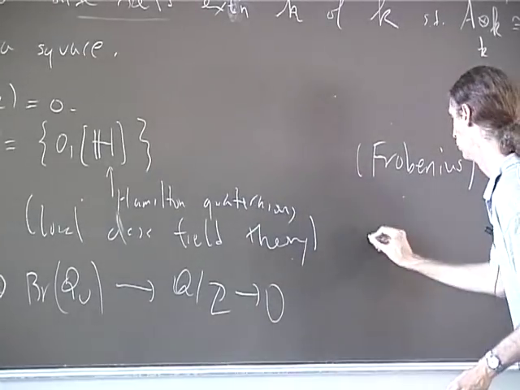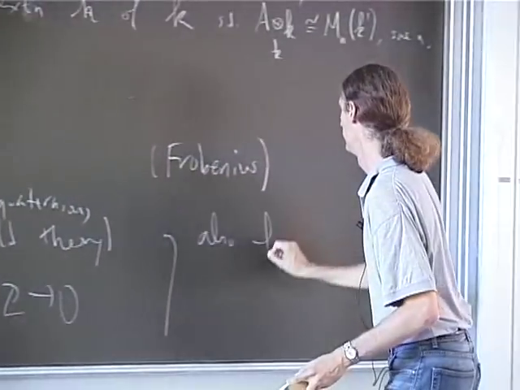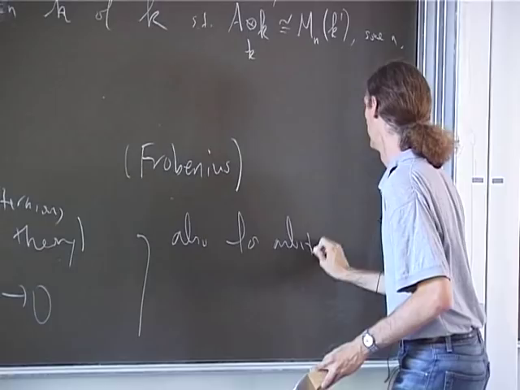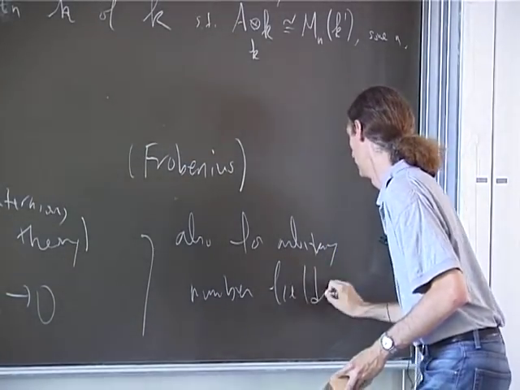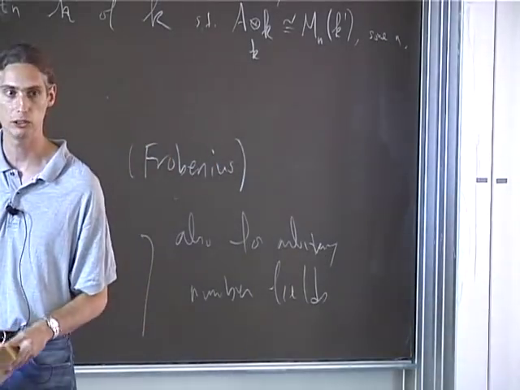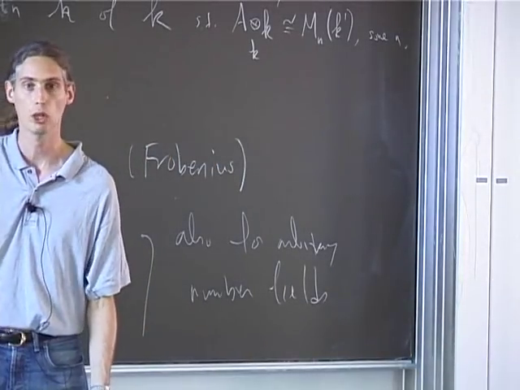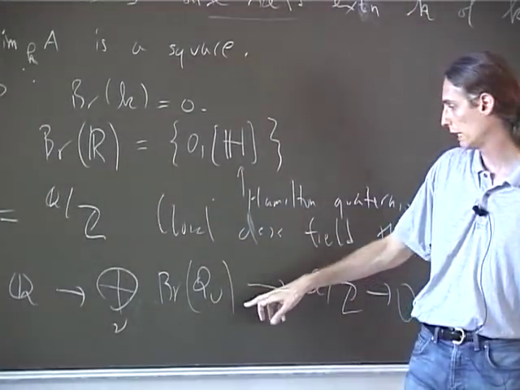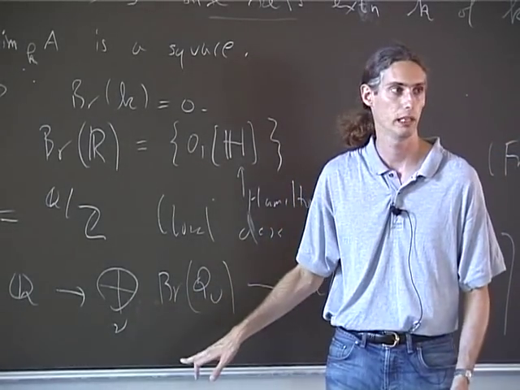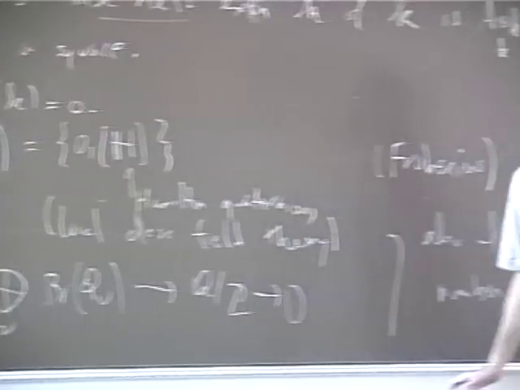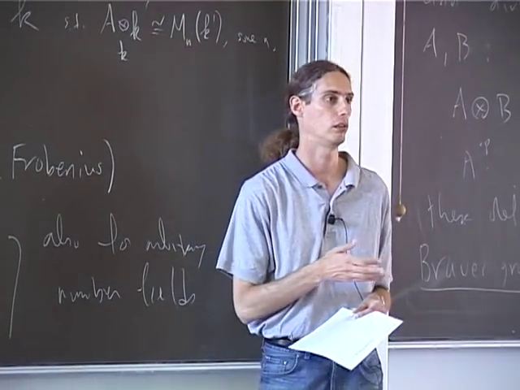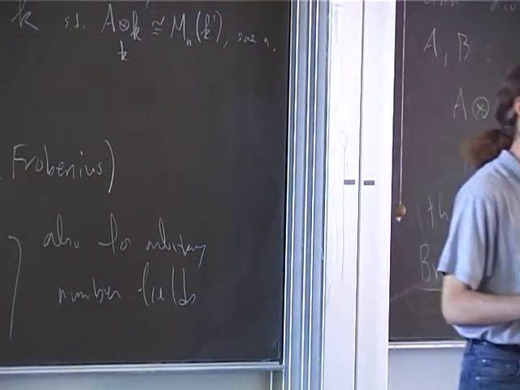And this is then more general also, for arbitrary number fields. So here again, I'm using this notation where you sum over all places. So again, this is all primes as well as the place at infinity. And for a general number field, you have all valuations, both Archimedean and non-Archimedean.